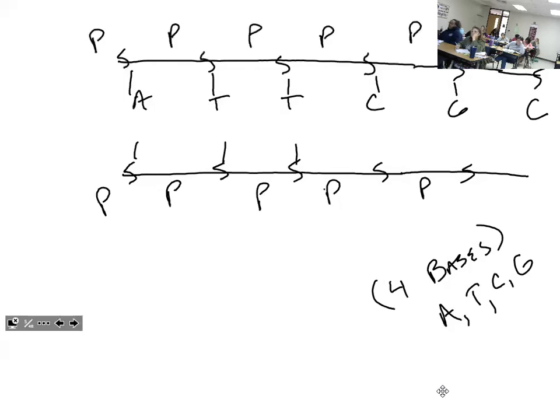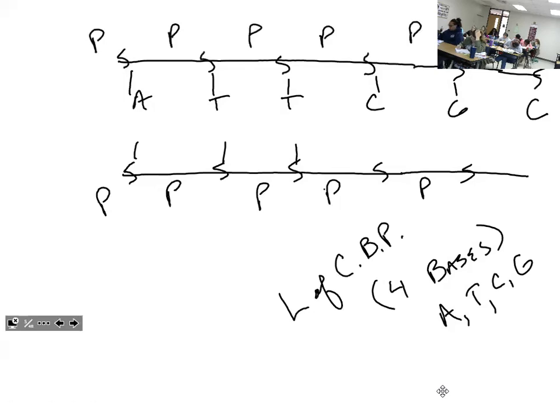On this other strand, I want you all to know that there's something we call the law of complementary base pairing. Y'all write that down, the law of complementary base pairing. Did you write that down? And let me tell you what it says.